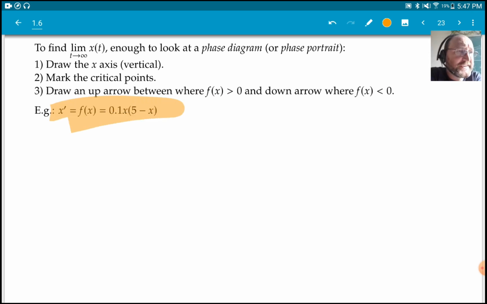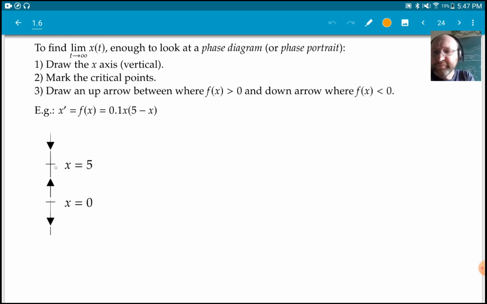I could do the example that we just did. So here f of x is this guy on the right. It has two critical points, x equals 5 and x equals 0.